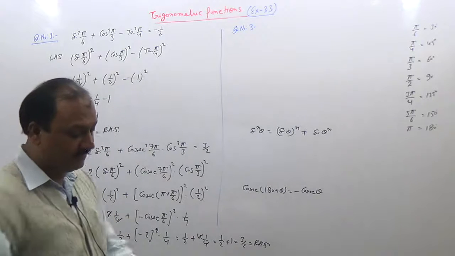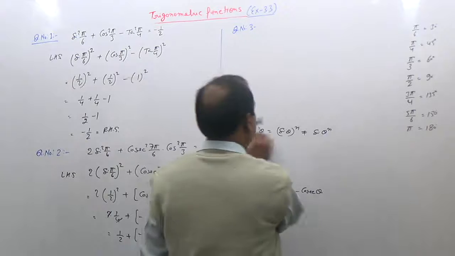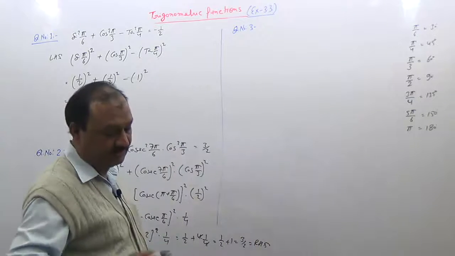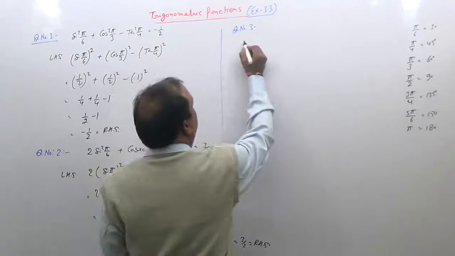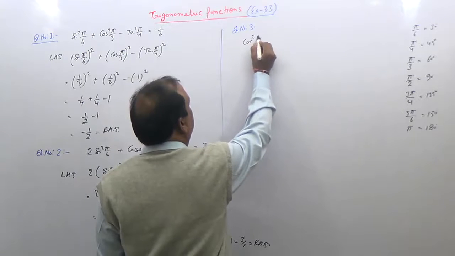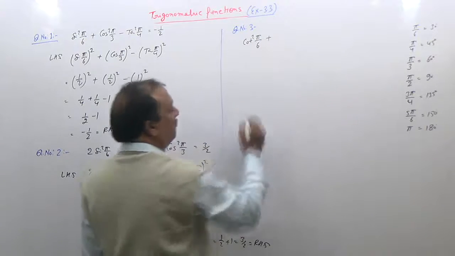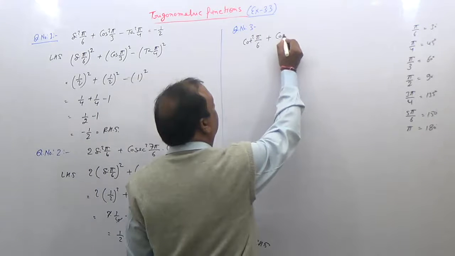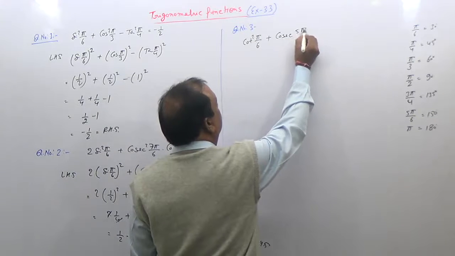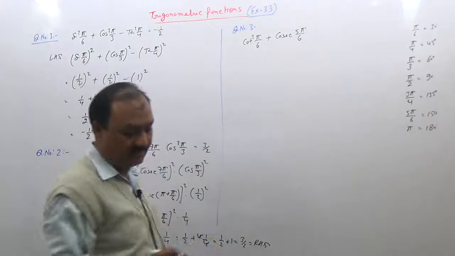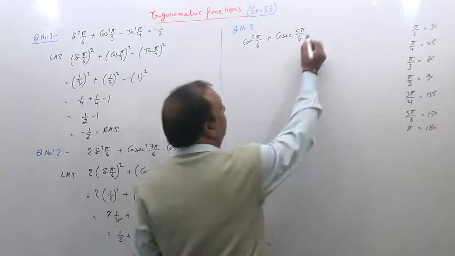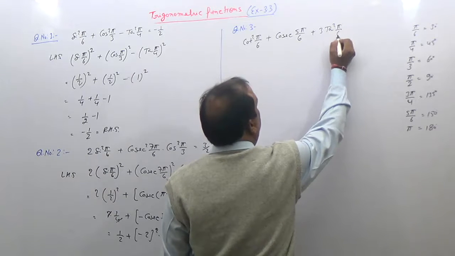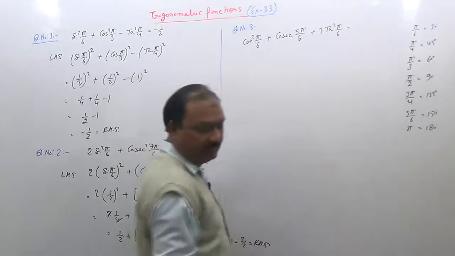Question 3. Prove that cot square pi by 6 plus cosec 5 pi by 6 plus 3 tan square pi by 6 is equal to 6.